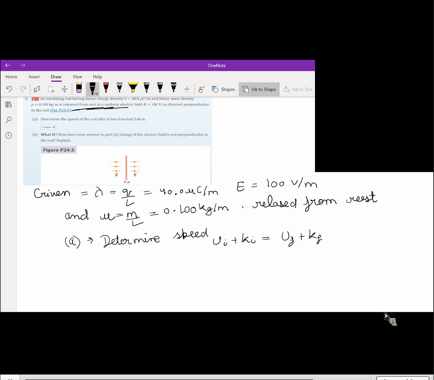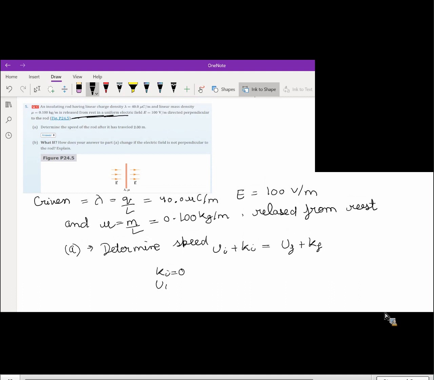Okay, you got it? Because it's released from the rest, Ki is 0, and we can assume Ui, the initial potential energy, to be 0, because we didn't know the state of the system before, so we have the liberty to do that.